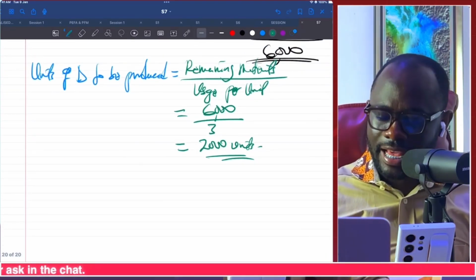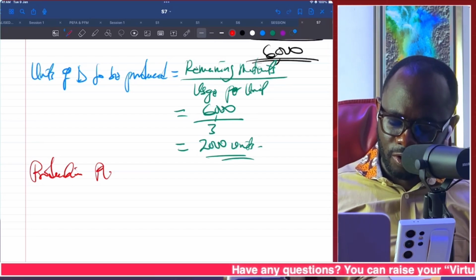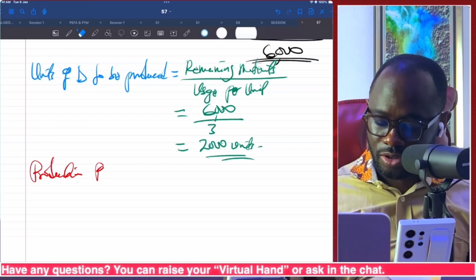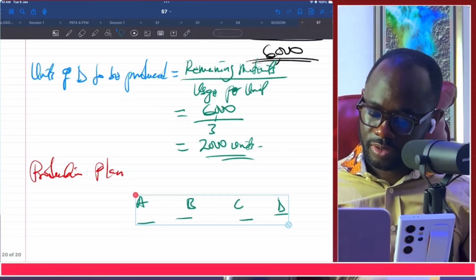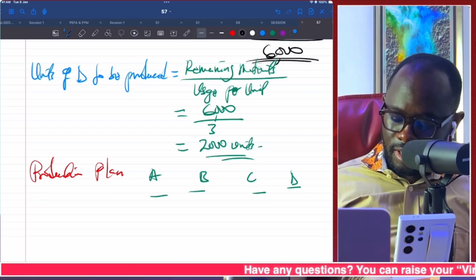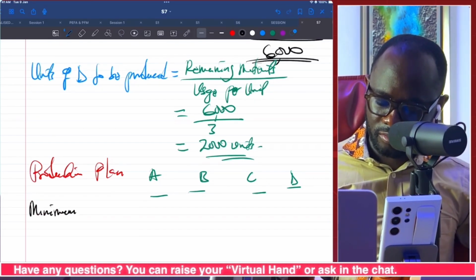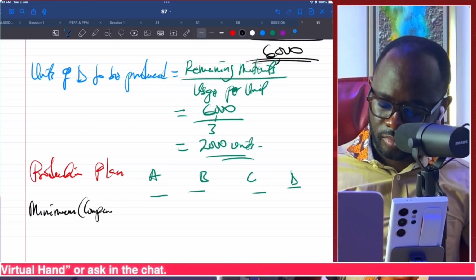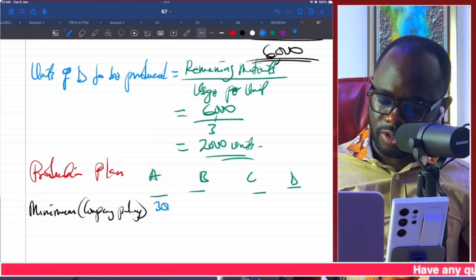So what is then our overall production plan? If you look at the production plan, this is how it's going to look. We bring in the products A, B, C and D. The minimum based on the company's policy: everybody getting 3,000, 3,000.